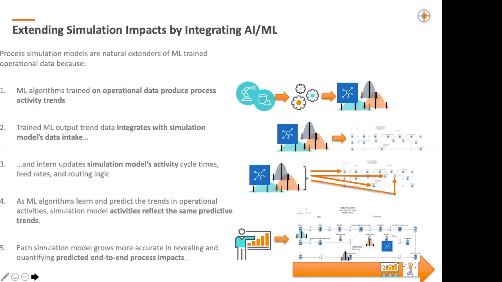Whereas if you set up your simulation model activities before based on either hypothesized cycle times or feed rates that you collected manually, now you can take actual changing, trending, real operational data from these AI models and make the activities in the simulation model reflect those same changing and trending positions.